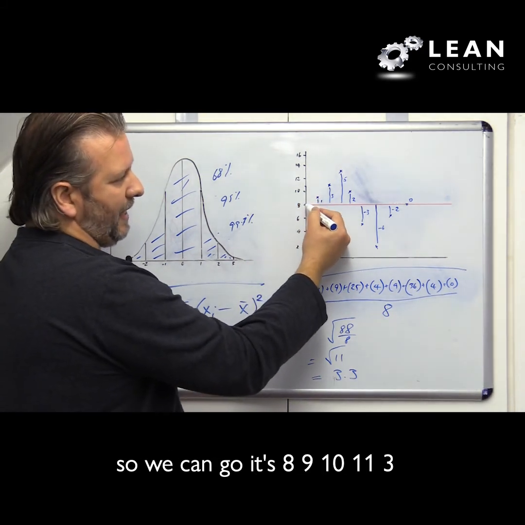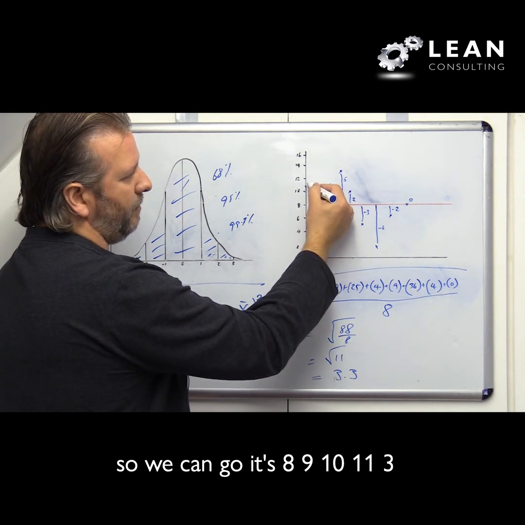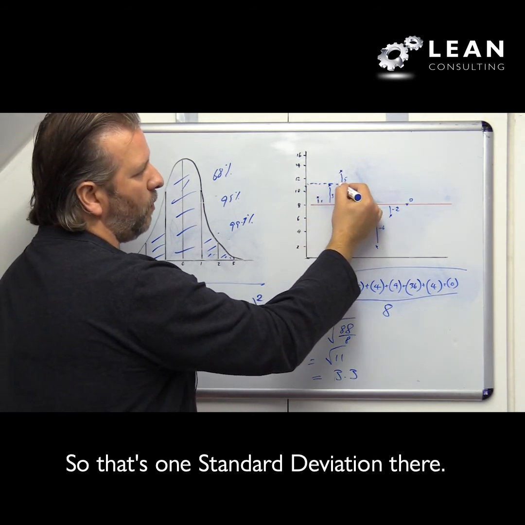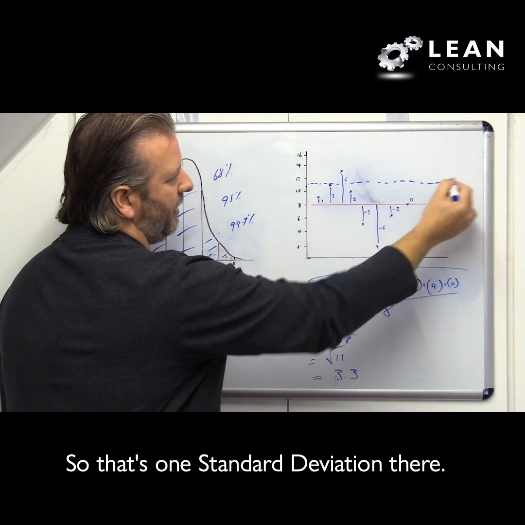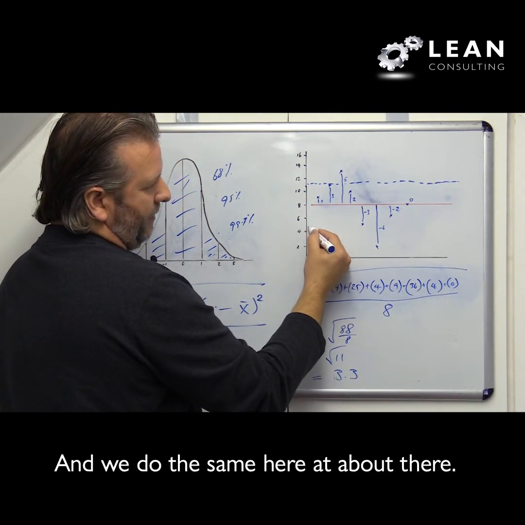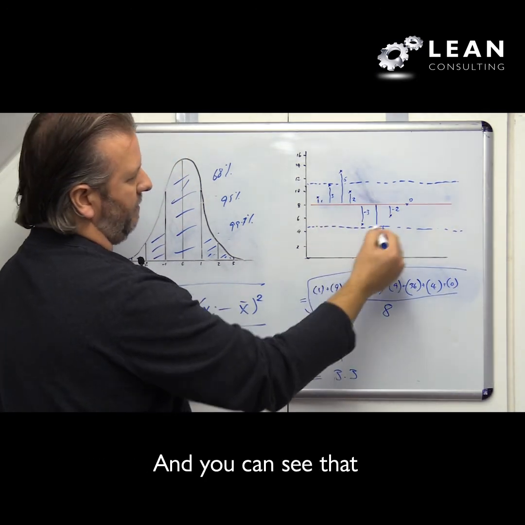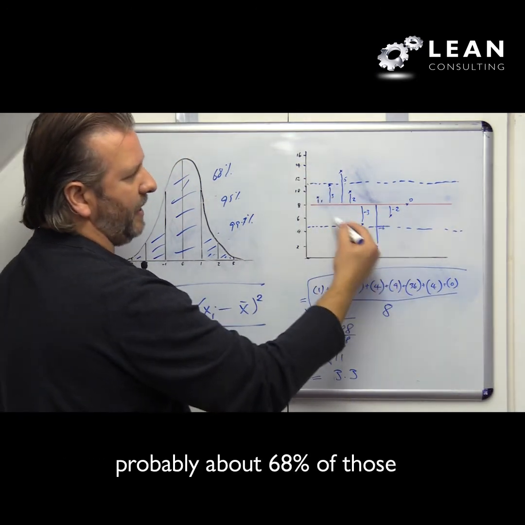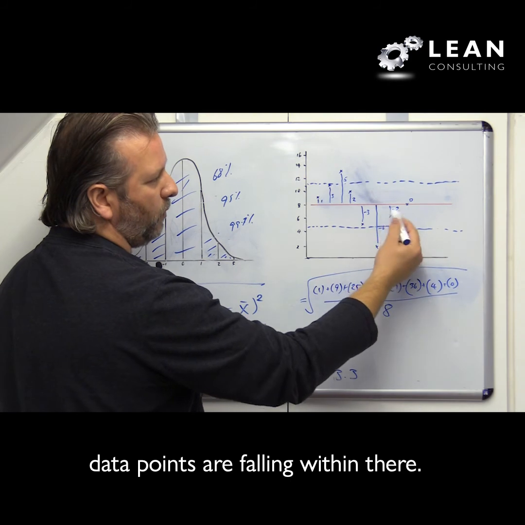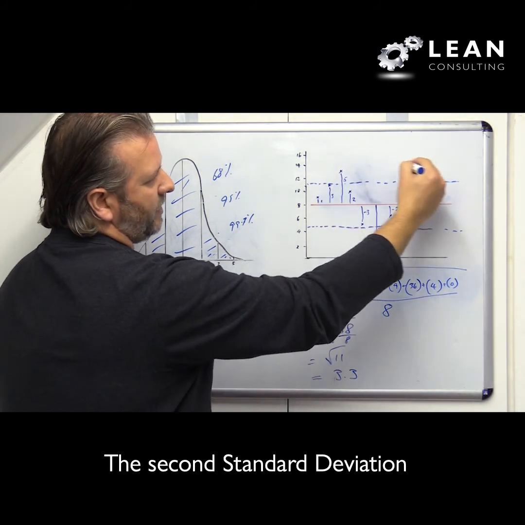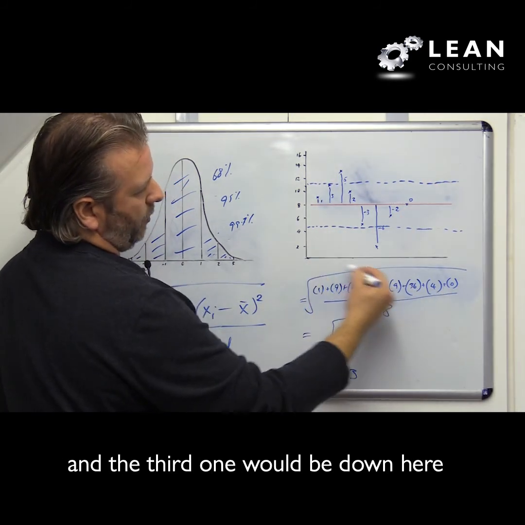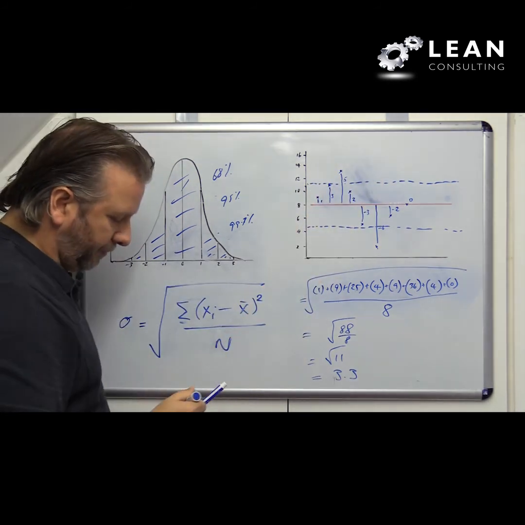So we can go, here's 8, 9, 10, 11.3. So that's one standard deviation there. And we can do the same here, it's about there. So that's one standard deviation there. And you can see that probably about 68% of those data points are falling within there. The second standard deviation would be somewhere up here, and the third one would be down here and up here.